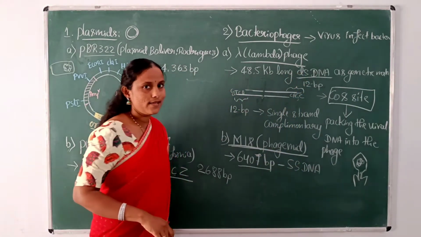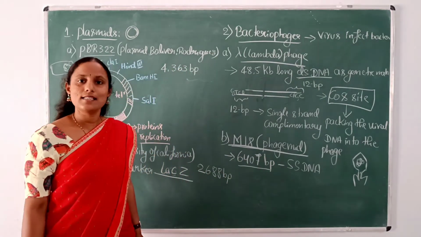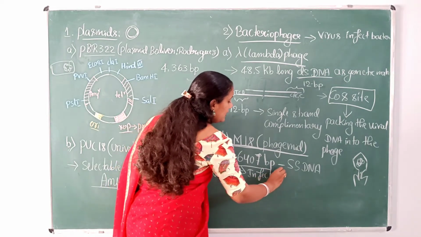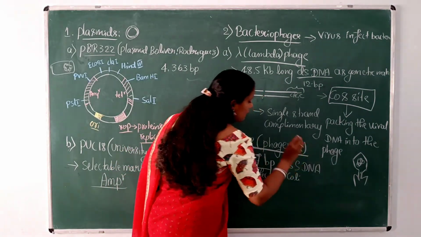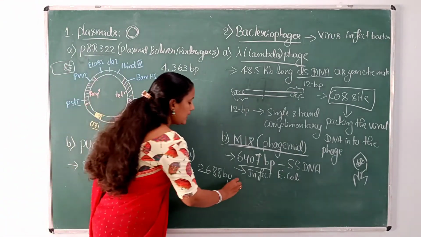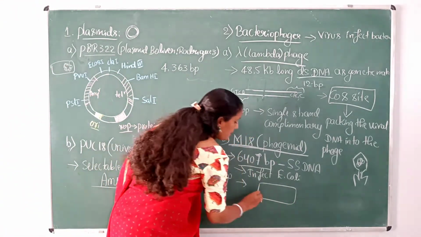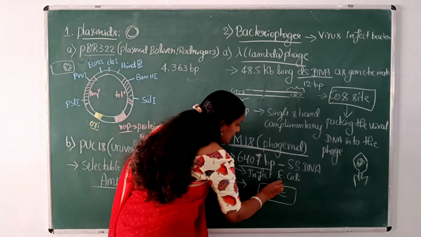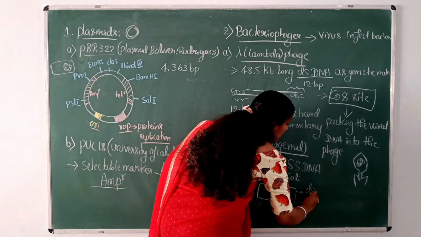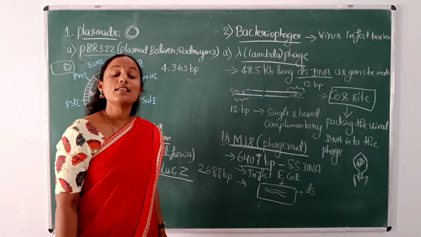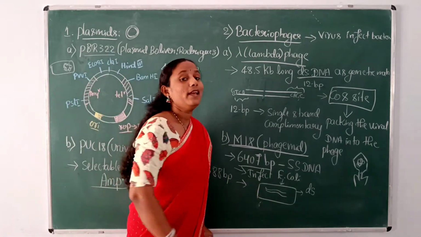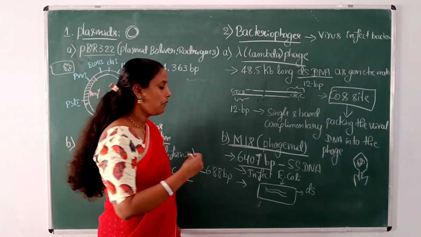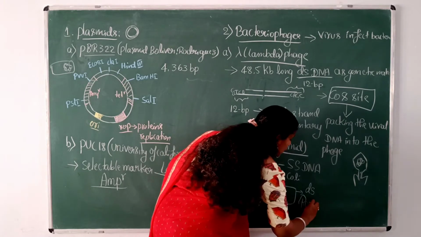It has single-stranded DNA as its genetic material, and it can infect E. coli cells easily. When it infects E. coli cells, it is converted into a double strand, and this double strand is capable of undergoing replication in Escherichia coli cells. Hence, the double strand which is formed in the Escherichia coli cells is called the replicative form.